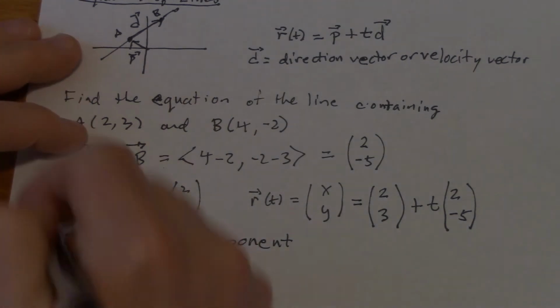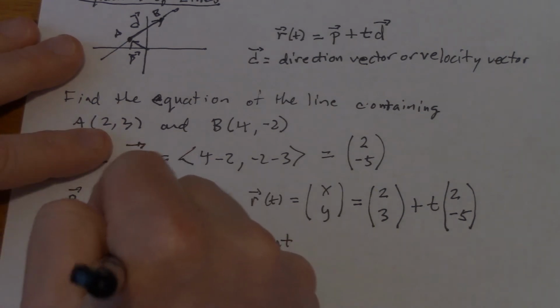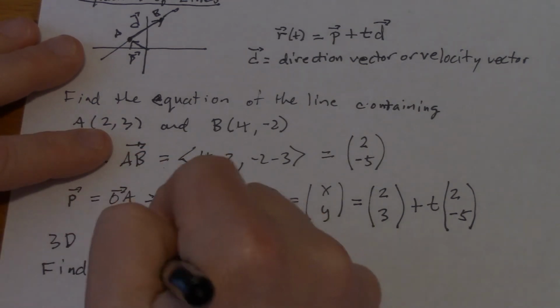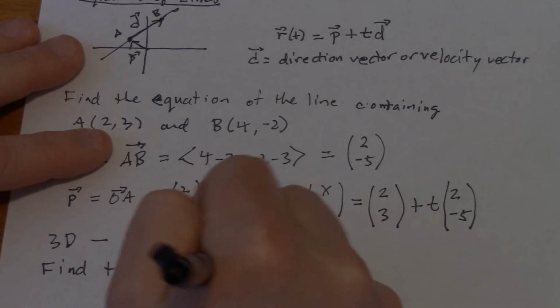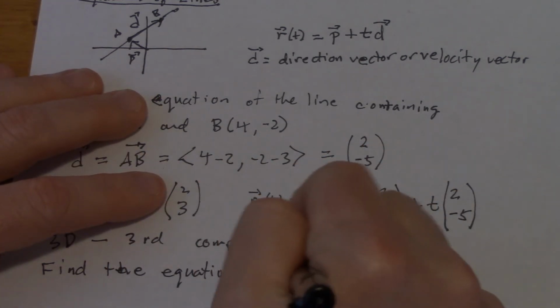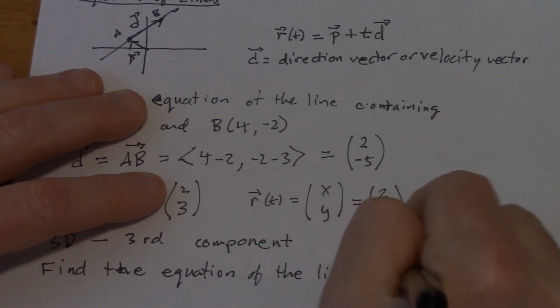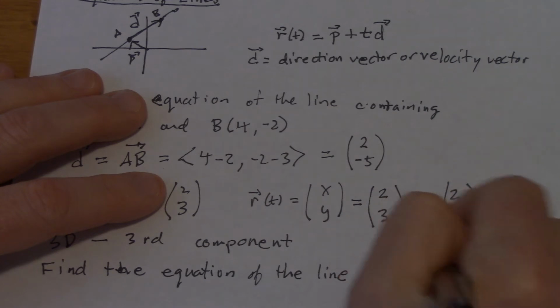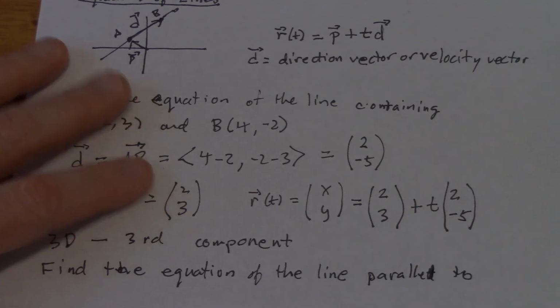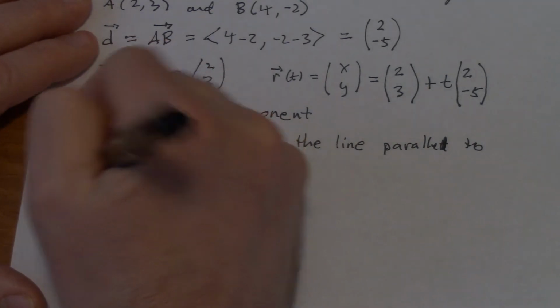I've got one more example, and then another last little thing to talk to you about. So find the equation, hard to write and talk at the same time, of the line parallel to another line. What's it going to be parallel to?